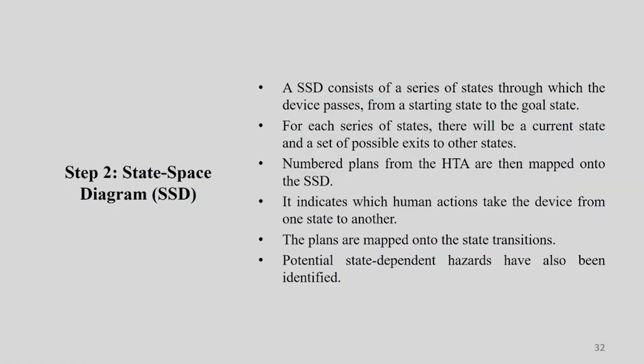So any exit point, those exit points we need to identify. The numbered plans from the HTA are then mapped onto the SSD. It indicates which human action takes the device from one state to another state. So for the boiling kettle, maybe the human action is switching off that particular switch, right.